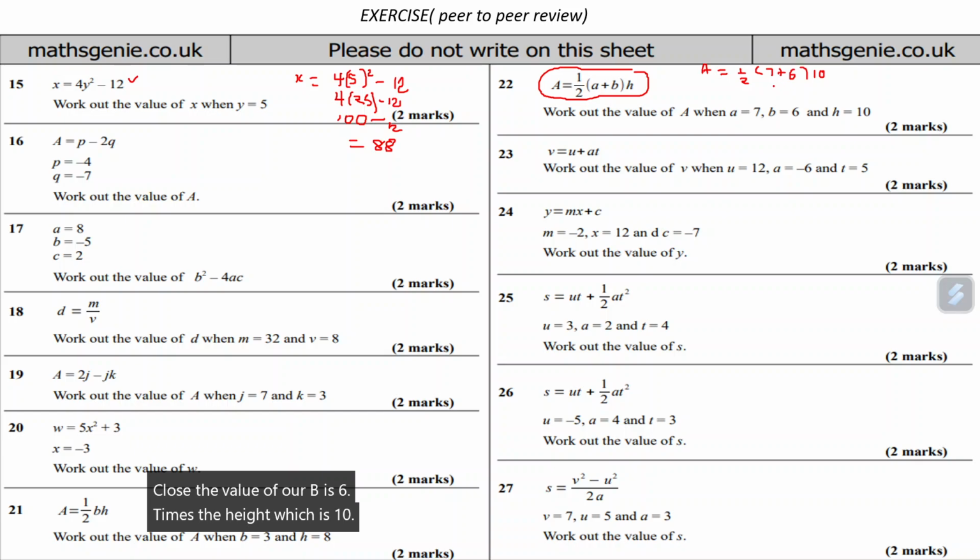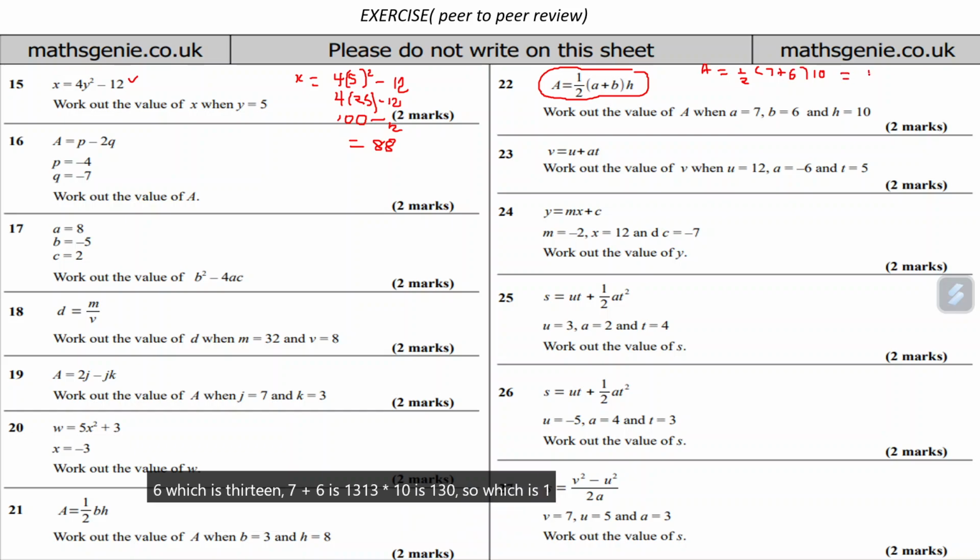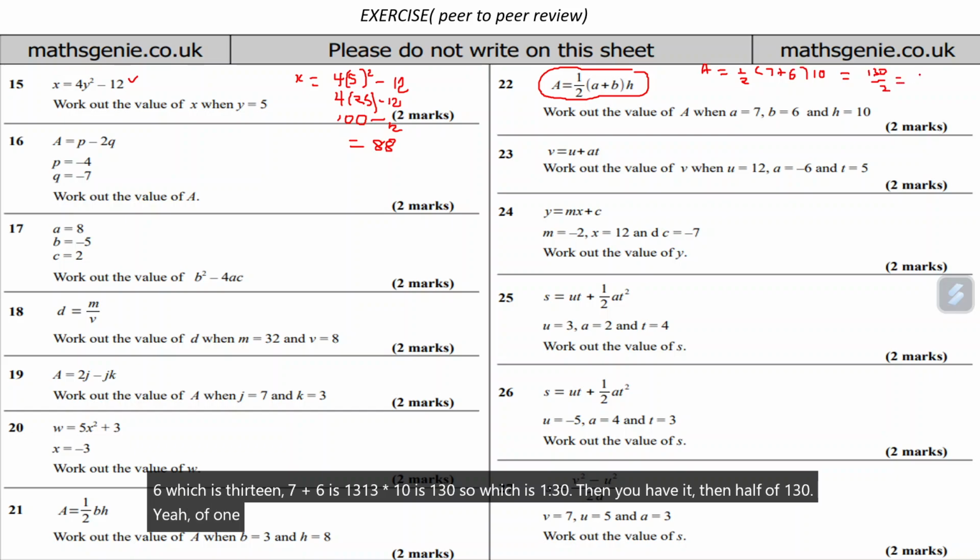To do this, 7 plus 6 is 13. 13 times 10 is 130. Then the half of 130 is 65.